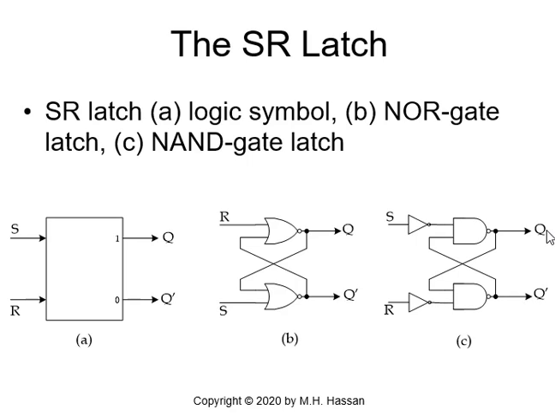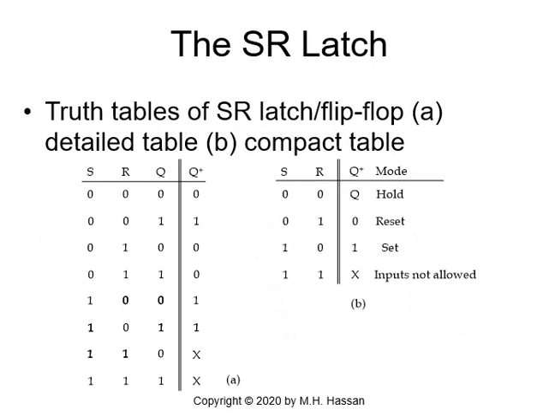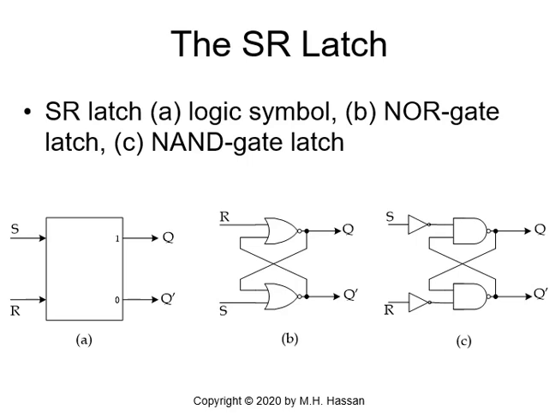So Q has not changed, or we say Q plus will be equal to 0. And this verifies the first row in the table. When we have 0, 0, 0, Q plus will be equal to 0. Let me assume now Q is 1. When you assume Q is 1, for the lower NAND gate, again, R is 0, so R prime is 1.